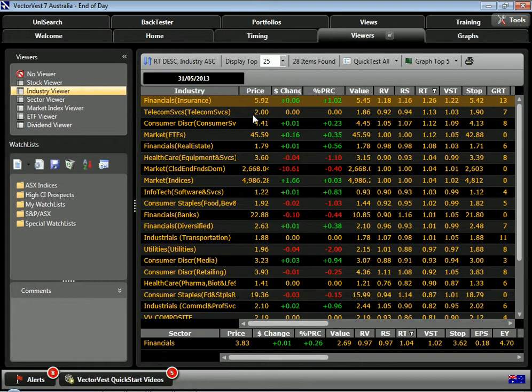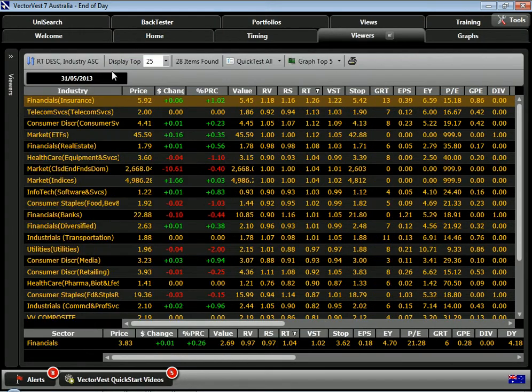I would also have you notice, if I minimize the viewer toolbar here, that each of the industries has internal metrics just as every stock does. So the values here represent the average values for all the stocks within that industry. So the average RT for all the stocks in the financials insurance industry is 1.26.